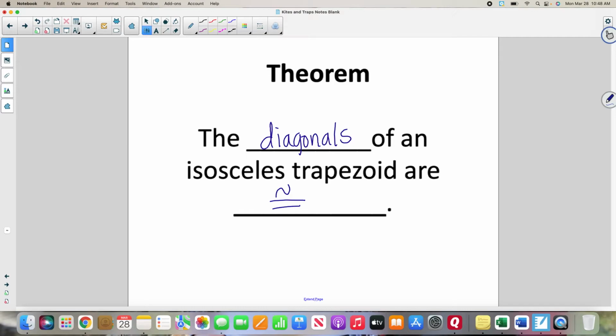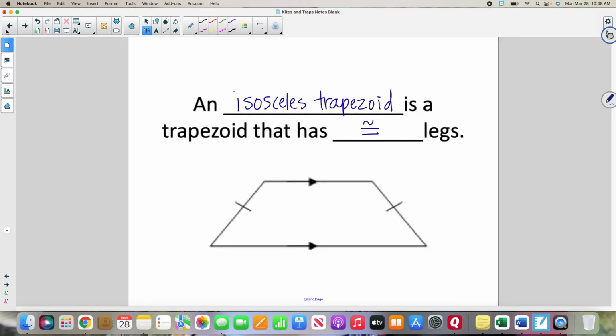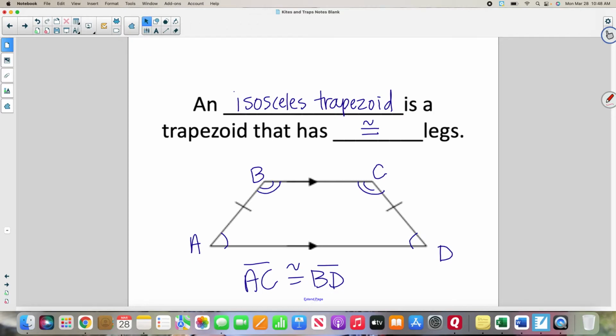If you go back to this picture right here, if it's isosceles, these angles are equal, and these angles are equal, and AC would be congruent to BD. So in an isosceles trapezoid, if I drew the diagonals, they would be congruent.